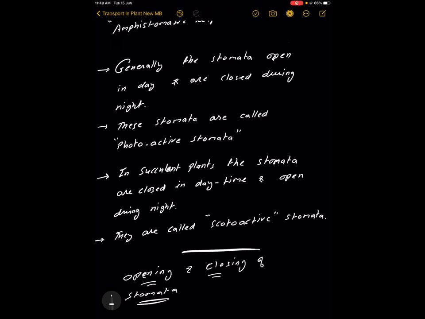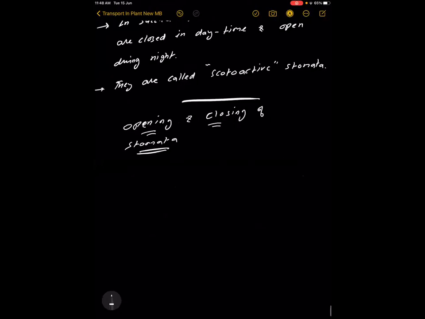Levitt says that the guard cells have chloroplast, so in presence of light they perform photosynthesis and form sugar and starch. Suppose this is a guard cell and these are the stomata.